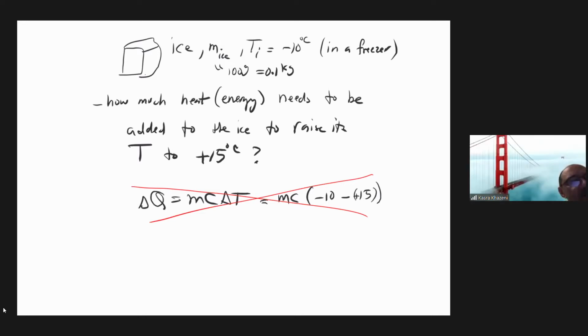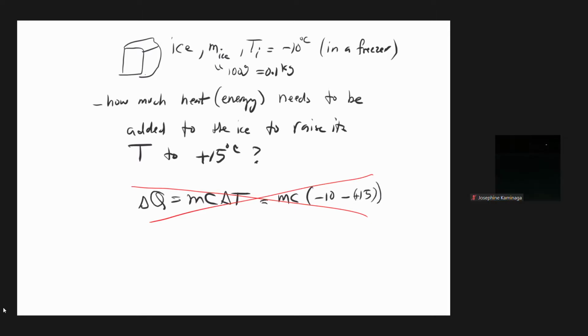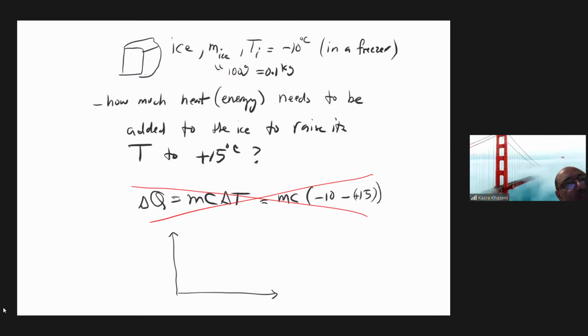Right. So here's the thing. You have to be so careful. This question may be a tricky one, but not if we have dealt with ice for all our lives, so we know what happens. Right? So here's the temperature plot.